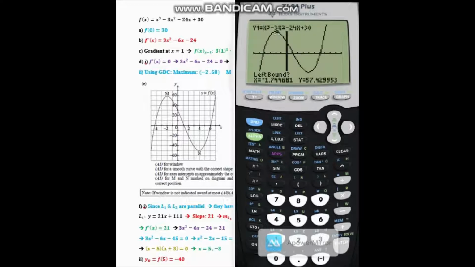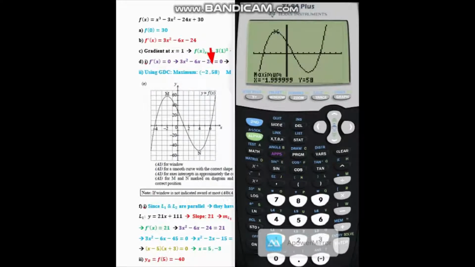There is my maximum point, so a left bound should be somewhere here, a right bound there, and there is the maximum point. So the calculator tells me that the maximum is at negative 1.999, or just negative 2 and 58. There is my maximum point.